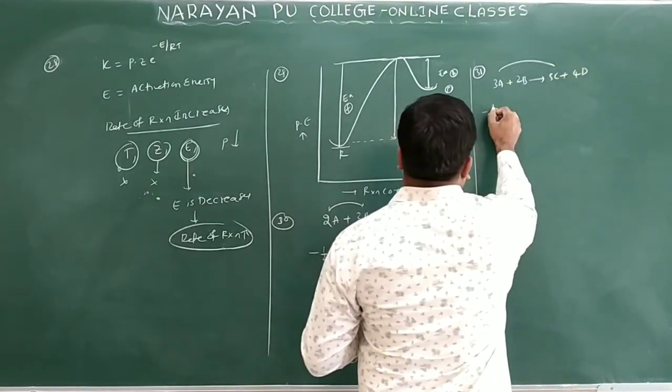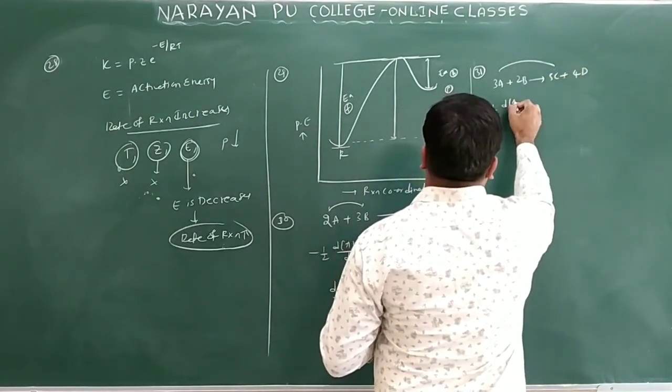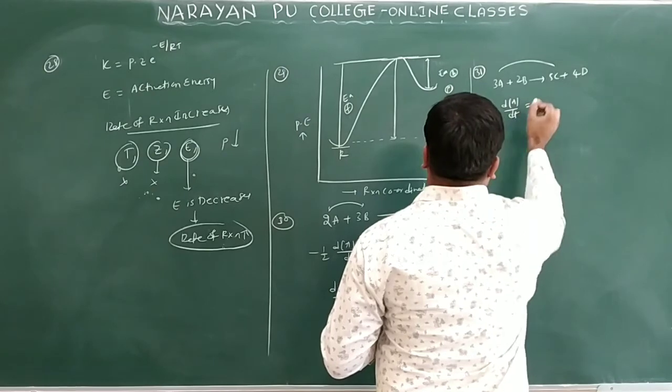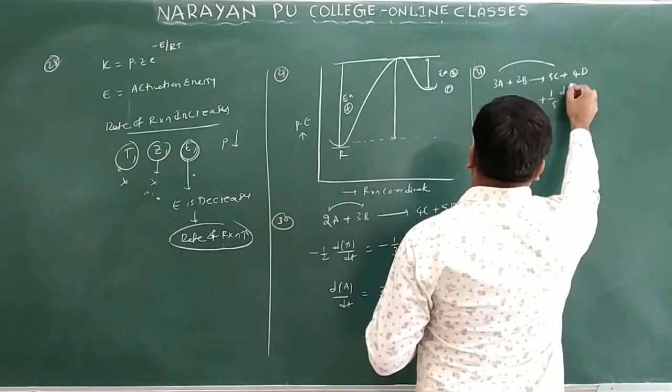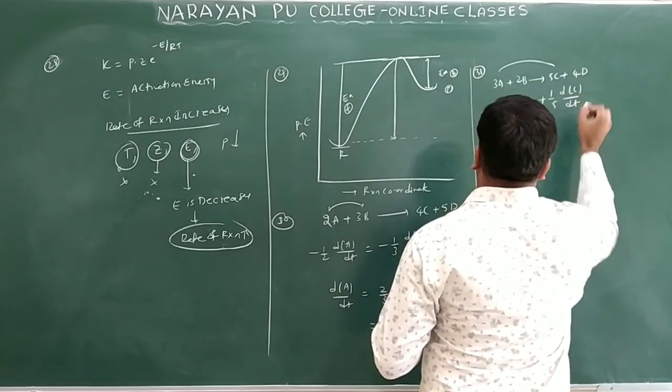I am writing here minus 1 by 3 into d[A]/dt is equal to plus 1 by 5 into d[C]/dt.